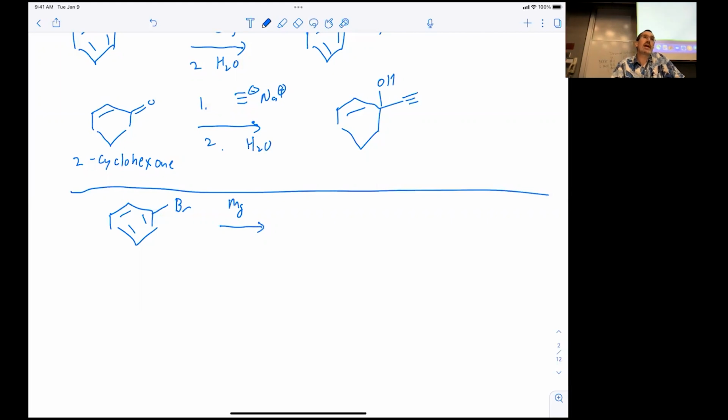And the Grignard reagents really need an ether solvent in which to generate them. The ether coordinates to the magnesium, although I'm not going to write it. So diethyl ether is a common solvent. Tetrahydrofuran is another common solvent, and there are various other solvents that get used.